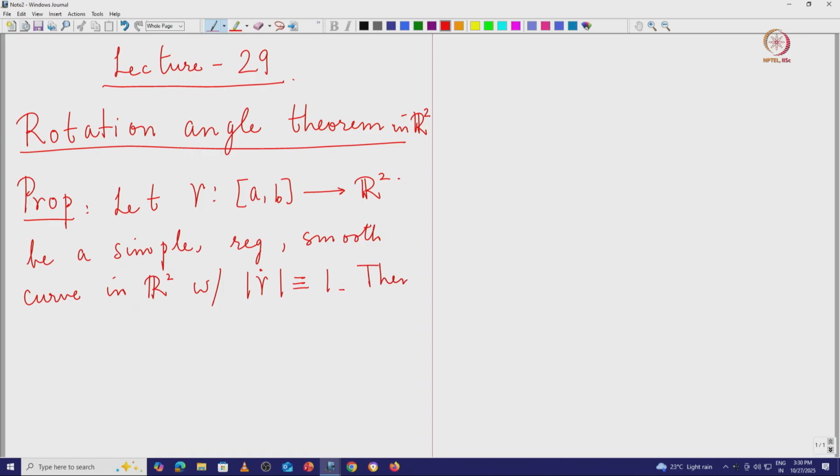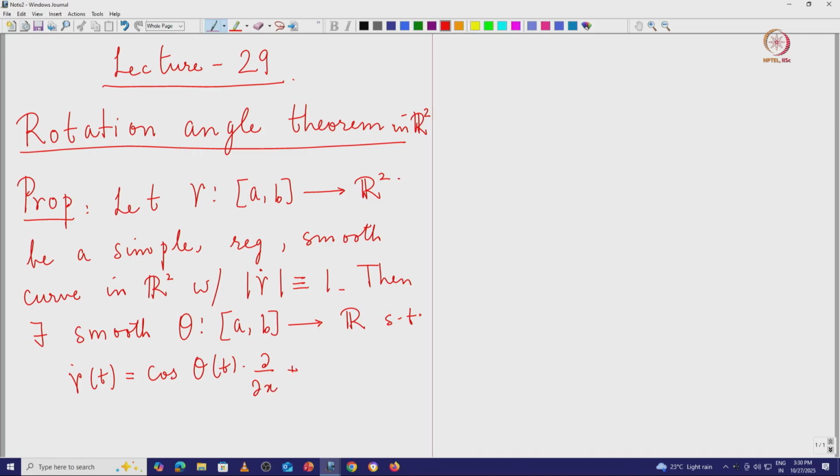Then there exists a smooth theta such that the velocity vector is simply given by cosine theta of t del by del x plus sine theta of t del by del y.